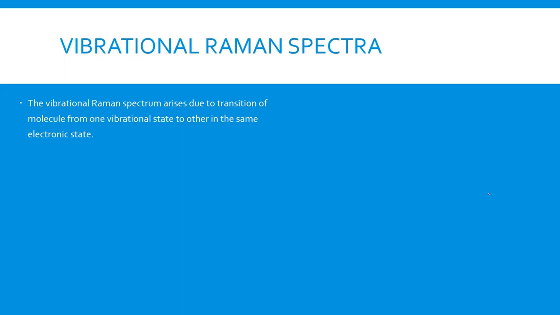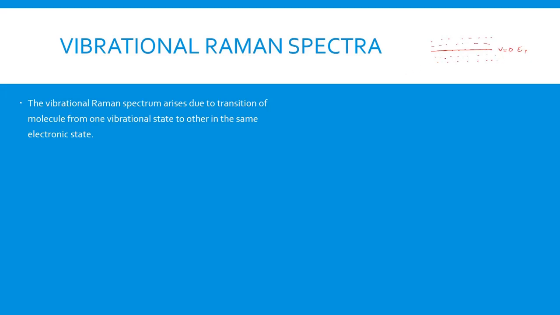So, vibrational Raman spectra arise due to transition of molecules from one vibrational state to another vibrational state inside the same electronic state. We already know that an electronic state is composed of different vibrational energy states, starting with V equal to 0.